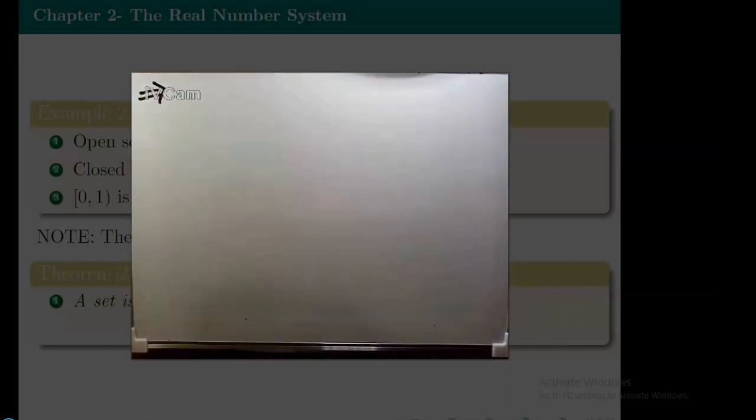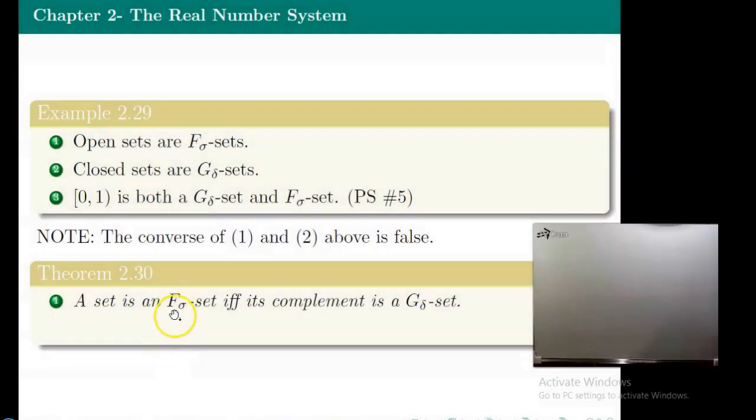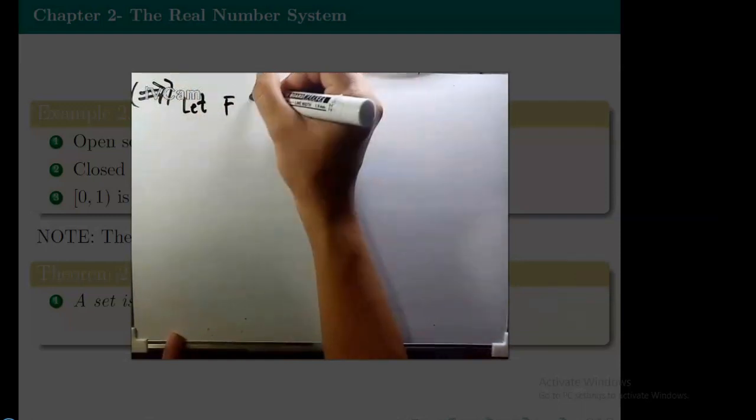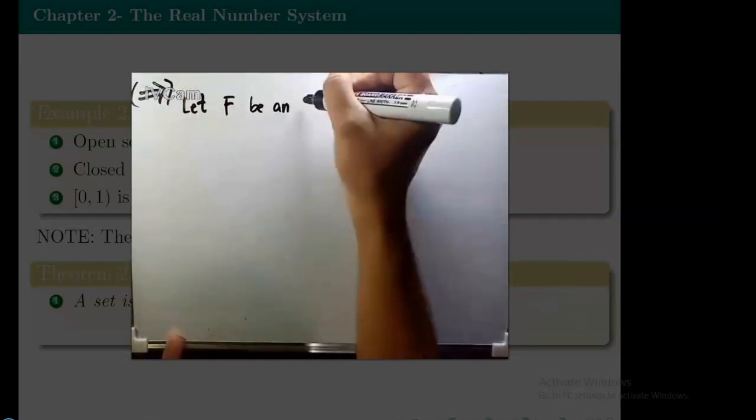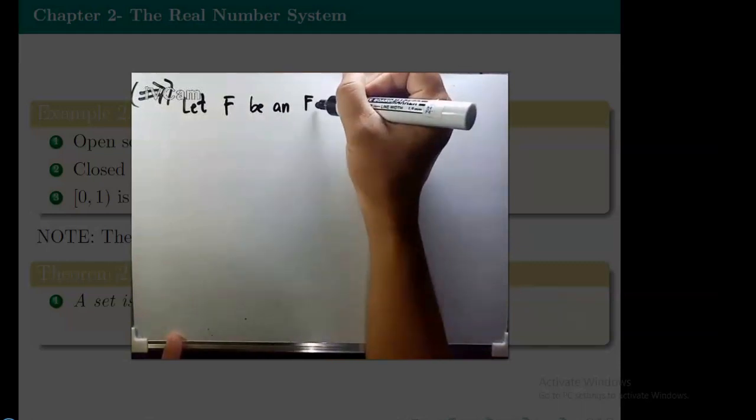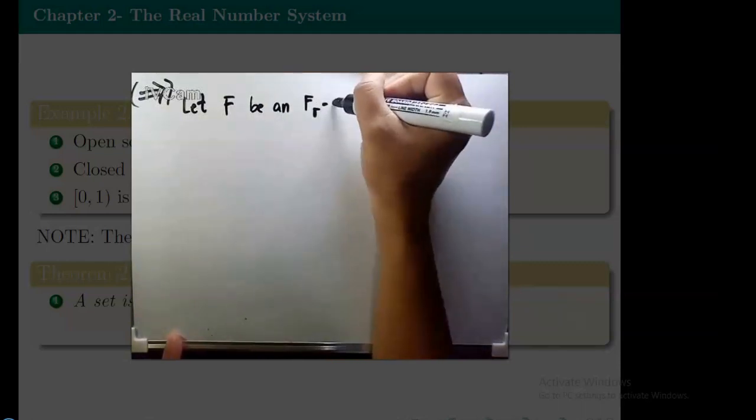First, we let F be an F sigma set, and then we will show that its complement is a G delta set. So let's have this first proof. We let F be an F sigma set.